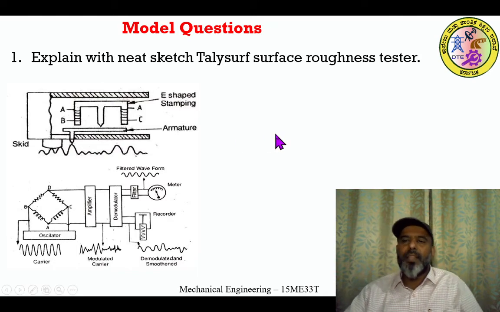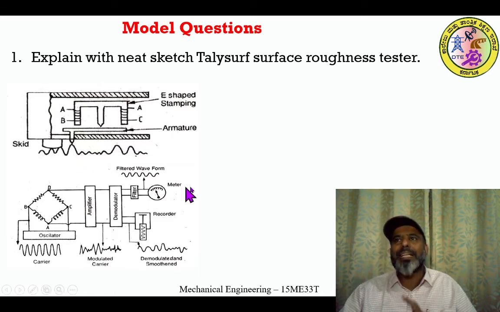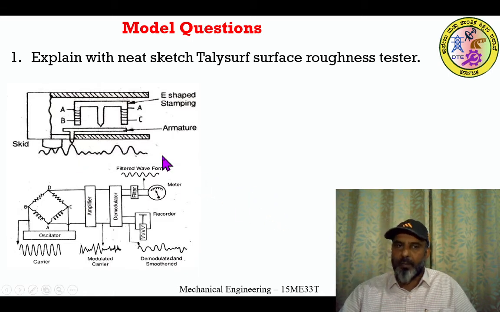The stylus has a 0.002 mm radius, and it traces the profile and makes vertical motions, and this vertical displacement is proportional to the electrical signals generated.